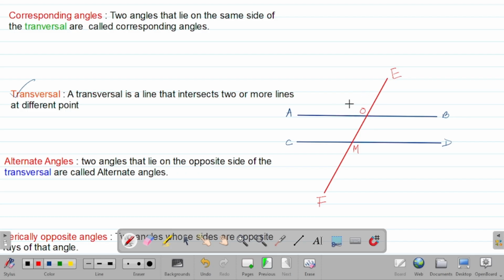Let's define these angles by number: 1, 2, 3 and 4 at point O, and at point M the numbers would be 5, 6, 7, 8. That means 8 different angles were produced at points O and M.